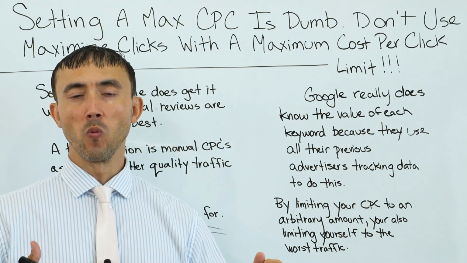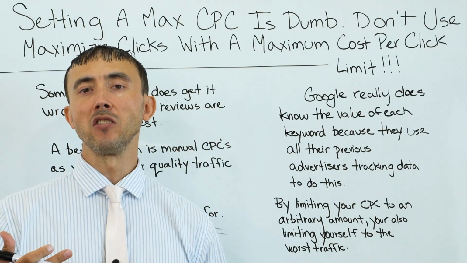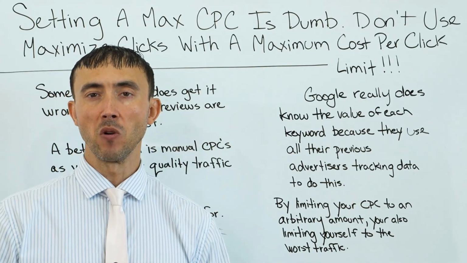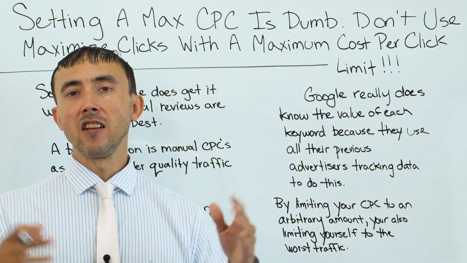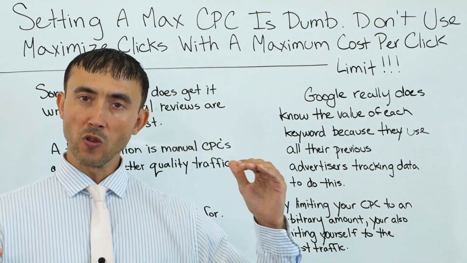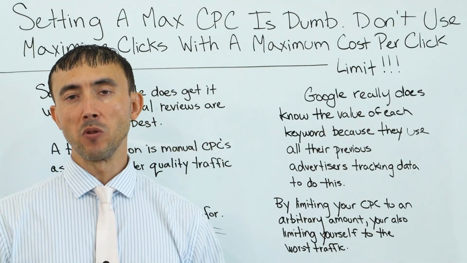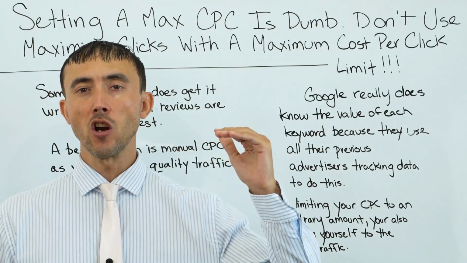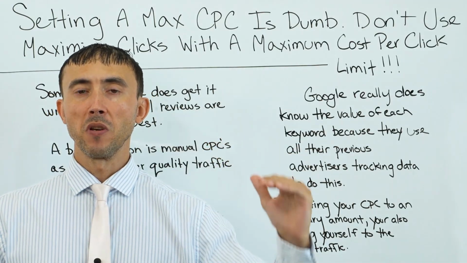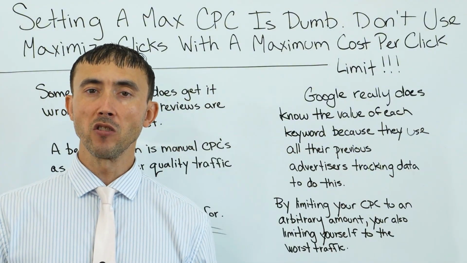They know what rate a certain keyword converts versus another keyword. So ultimately, before you even come to the plate in terms of advertising with Google, they already know what they could charge your competitor for each keyword, because they've seen how that keyword converts.